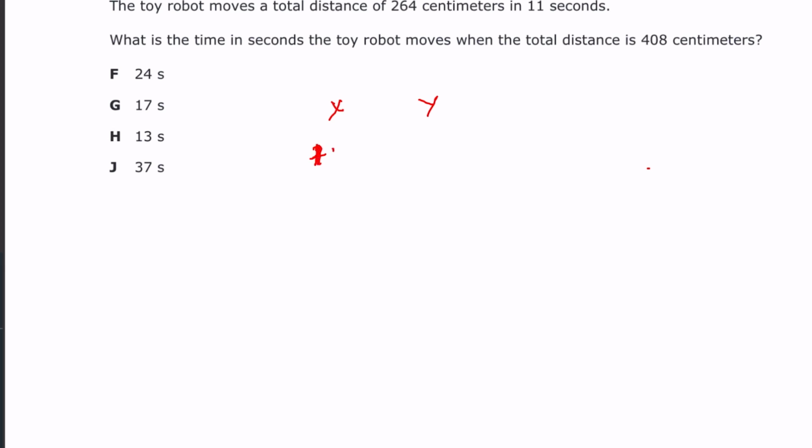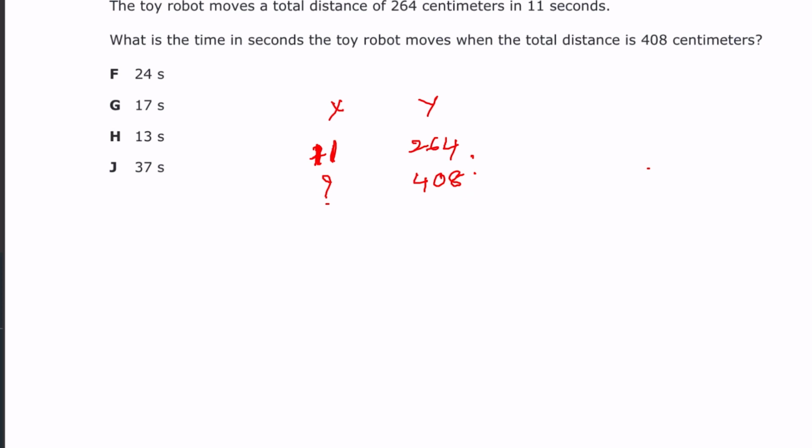So this is 11, it's moving 264 centimeters. Now what is the time in seconds the toy robot moves when the total distance is 408 centimeters? So how many seconds does it take to move 408 centimeters? We have to see.